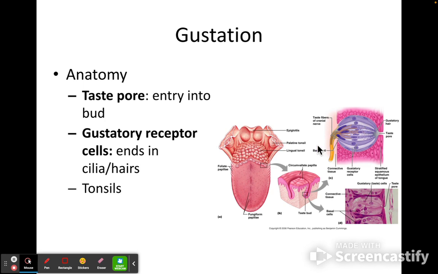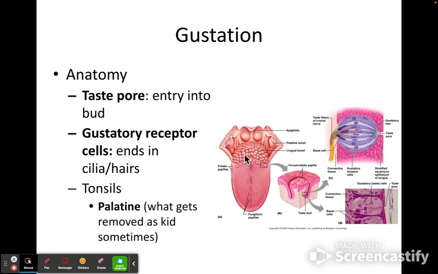If we jump back to the tongue area, let's talk about tonsils for a second. So when we think about tonsils, we actually think about these tonsils that are here on the sides of our throat. That is one type of tonsil, but we also have tonsils at the very back of our tongue that are hard to see unless you stick your tongue out way far. So the ones that are on the sides of our throat are called palatine tonsils.